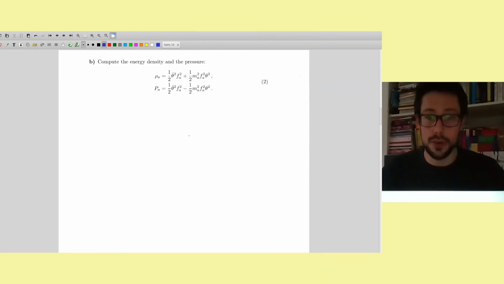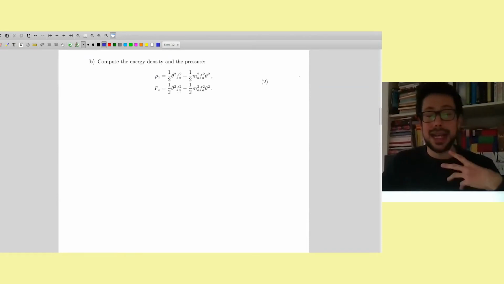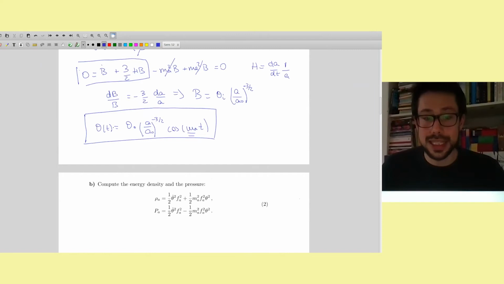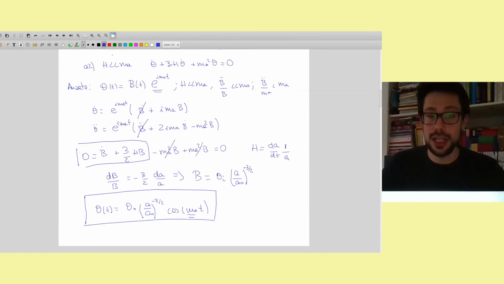Okay, so the next part of the exercise is asking us to compute the energy density and the pressure of the axion. And here we have the expressions for the energy density and the pressure. In this case, as I was telling you, since the axion is basically a field that is oscillating with a frequency m a, it will be crucial that in order to compute the pressure and the energy density, we will need to average over many oscillations, because we know that in this regime in which the axion is already oscillating, the frequency of the oscillation that is governed by m a is way faster than the expansion rate, which is h.